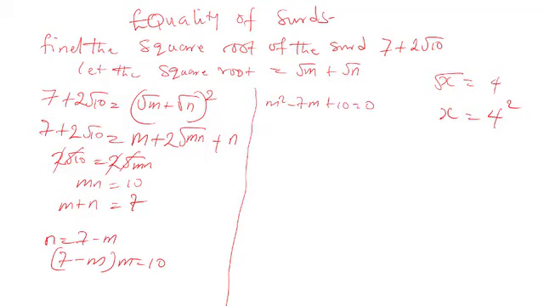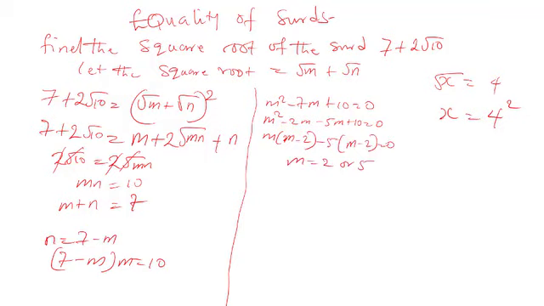So we factor this: that is 2 and 5, minus 2 and minus 5. So now we have m squared minus 2m minus 5m plus 10 equals 0. So with this we have m in bracket, m minus 2, minus 5, m minus 2 equals 0. So our m is equal to 2 or 5.